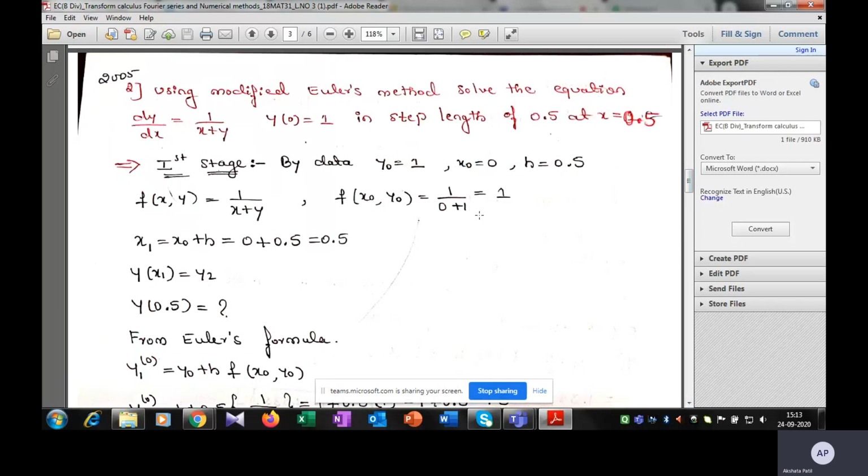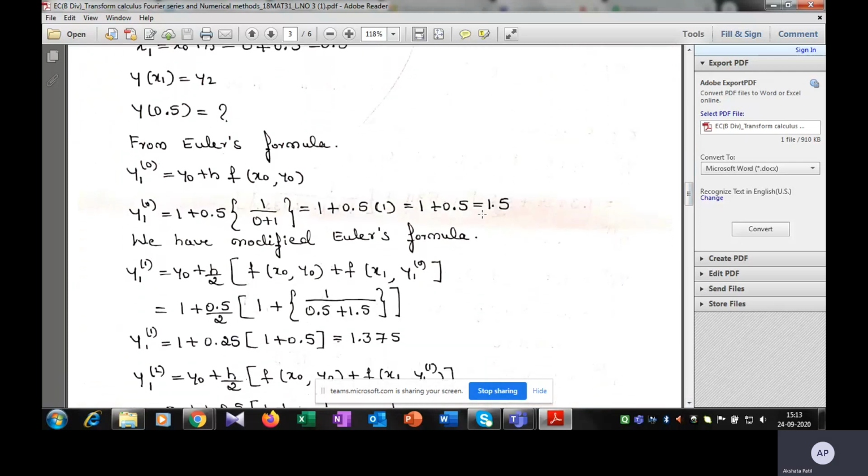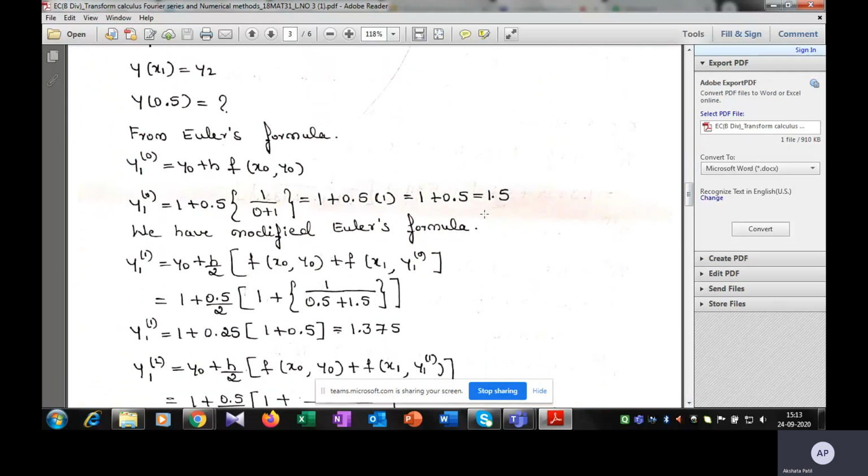So after calculating this f of x0 comma y0, let us apply Euler's formula. Okay. So Euler's formula is y1 of initial approximation, which is equal to y0 plus h into the function of x0 comma y0. So we can write it here. Y0 value is 1 plus h is 0.5.